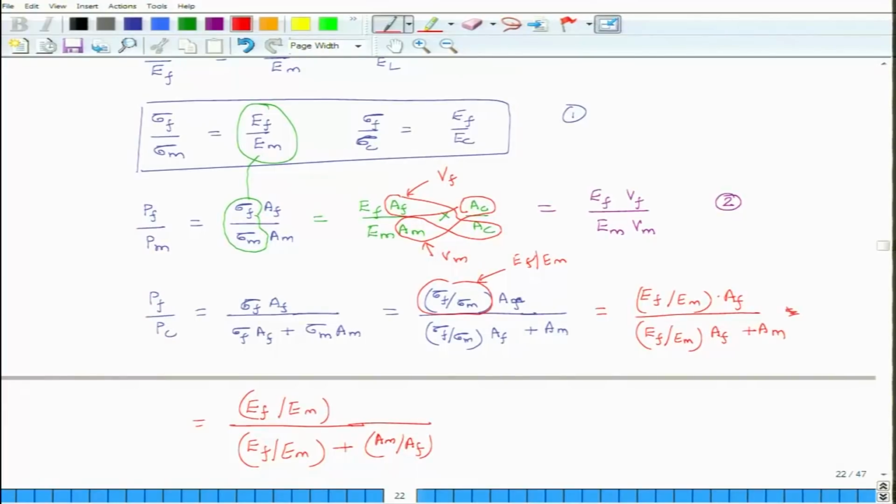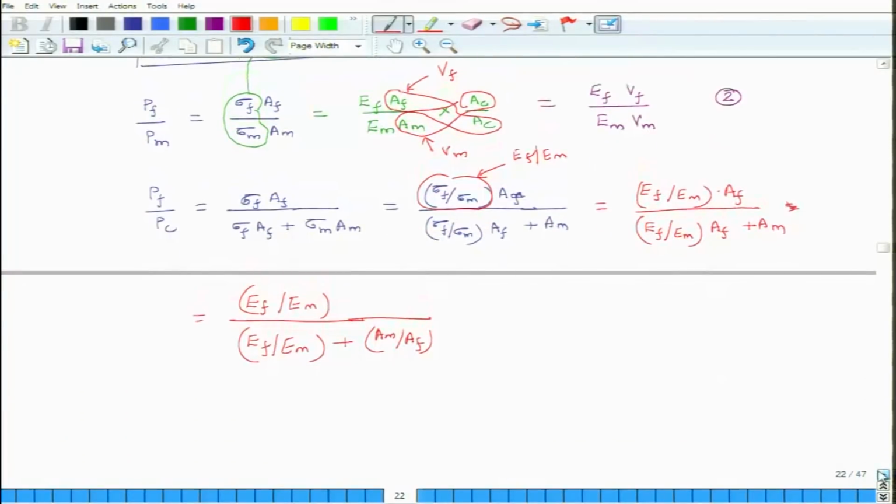Okay. And this ratio of areas is the same as the ratio of volume fractions. So, the load shared by fiber relative to that by composite is EF by EM by EF by EM plus VM by VF.